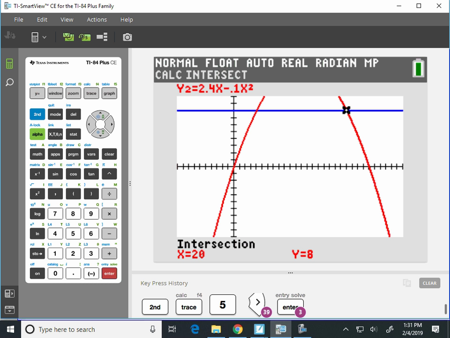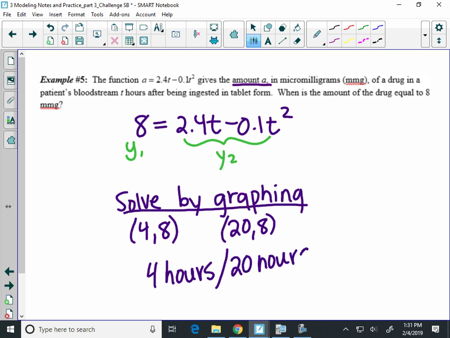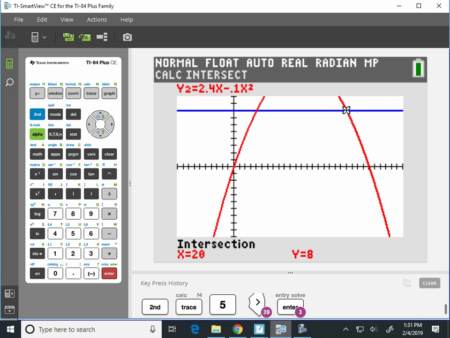Now, let's think about what these answers mean in terms of this problem. This is talking about it would take 4 hours or 20 hours until there are 8 micromilligrams of this drug in your system. Because that kind of seems weird, like 4 and 20, how does that happen? So if I think about the graph here, think about when you take an ibuprofen or something, right? When you take it, you have none of the medicine in your system.